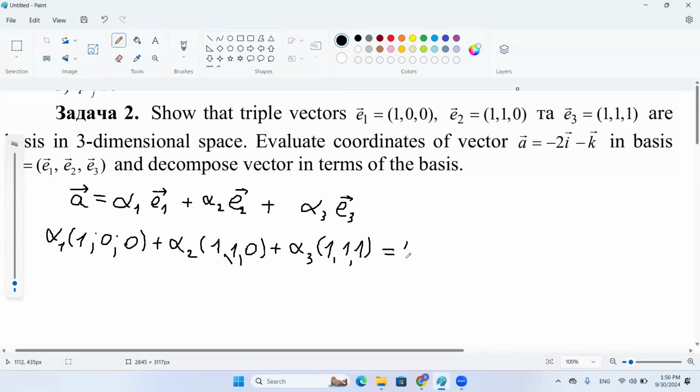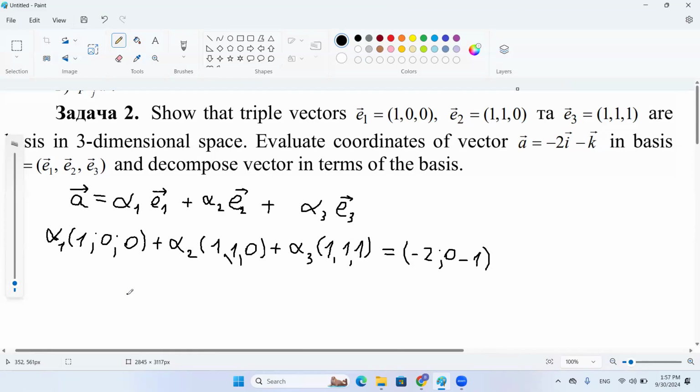It equals -2, 0, -1. Then you go on. I wanted to say that we need to get coordinates by a vector formula. A equals -2 multiplied by y minus k, and from this we can get coordinates and multiply each by the basis.